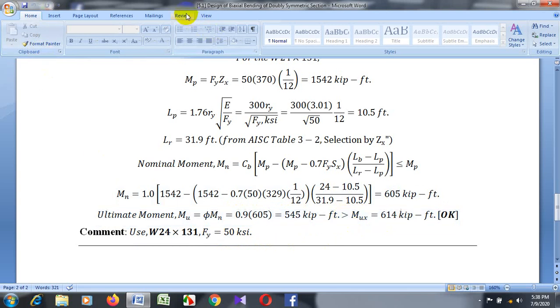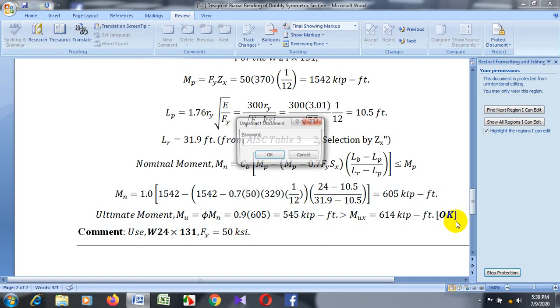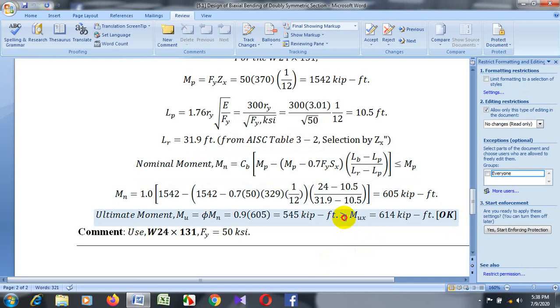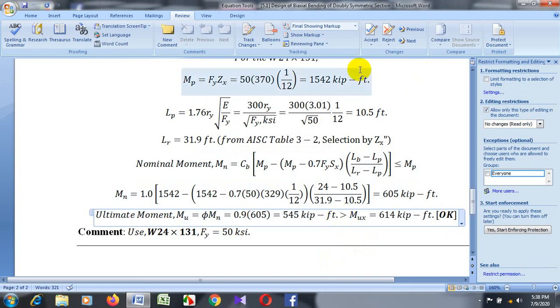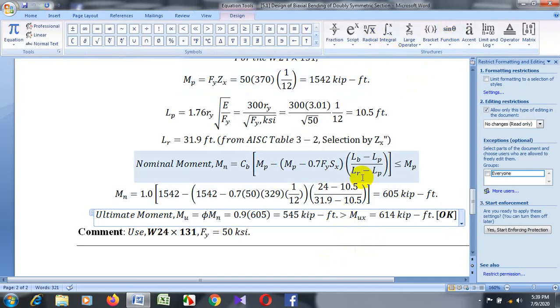So this value is obviously not greater than, it is less than. This value must be less than this value.